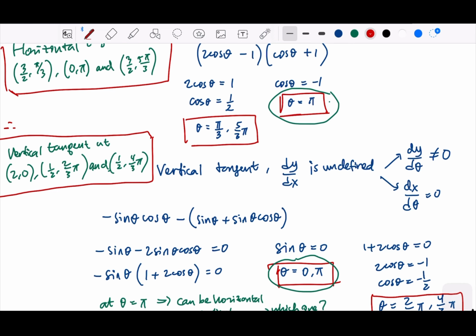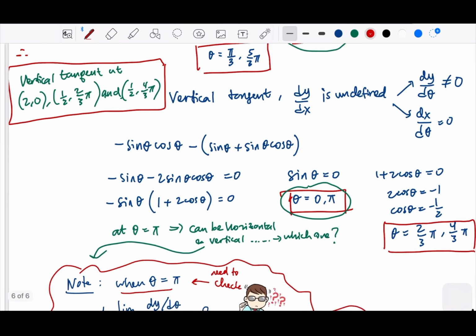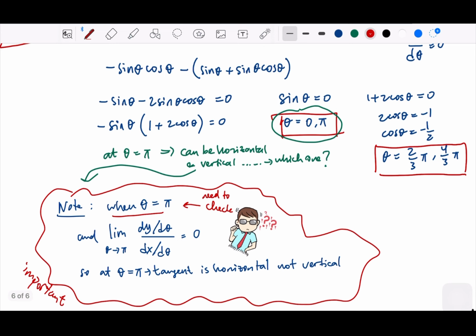Is it horizontal or vertical? So how to decide which one is horizontal and which one is vertical? We need to take the limit. We take the limit as theta approaches π, and dy/dθ over dx/dθ needs to be 0.